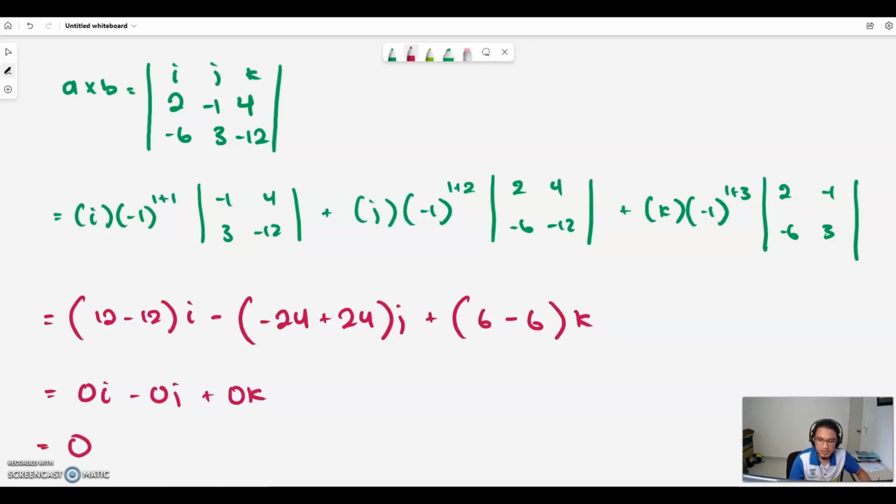So it is equal to 0. So here means A cross B is 0, so A and B are parallel.